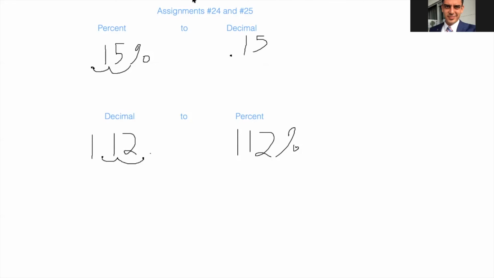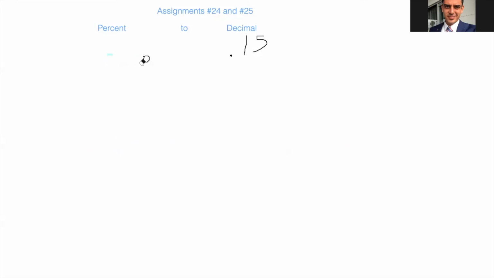So now let me look at assignment 24 again. Okay, so the other part that I put in there is I put some word problems in there.